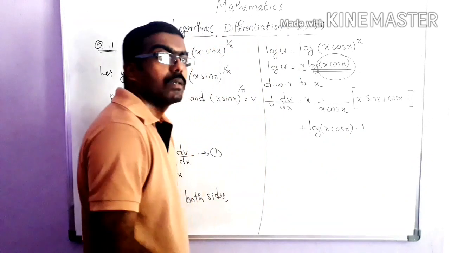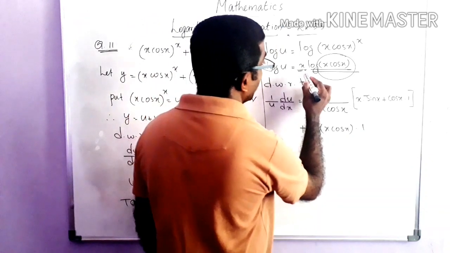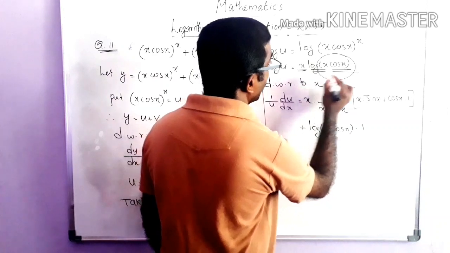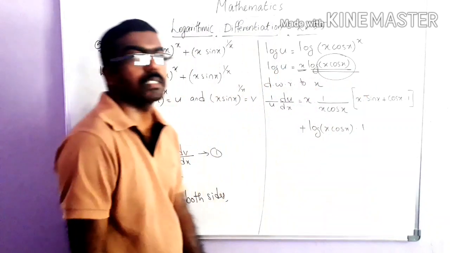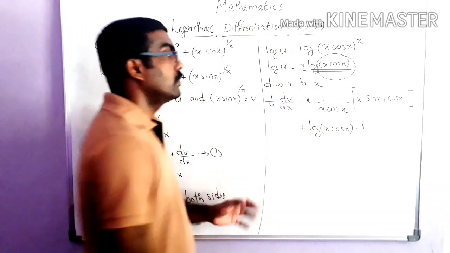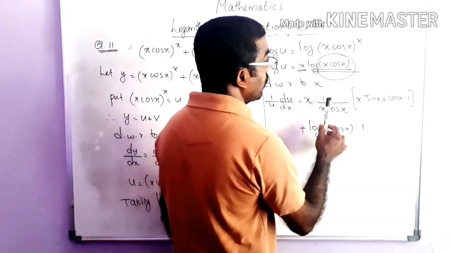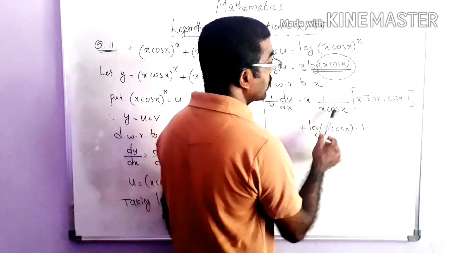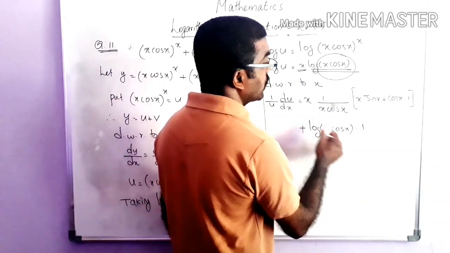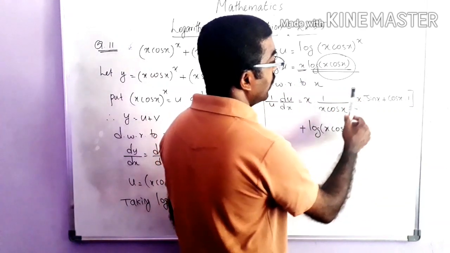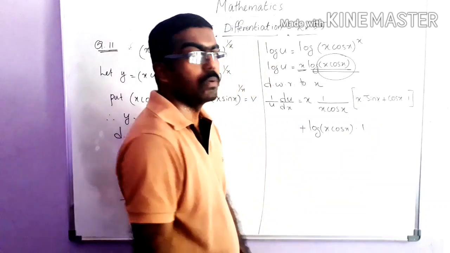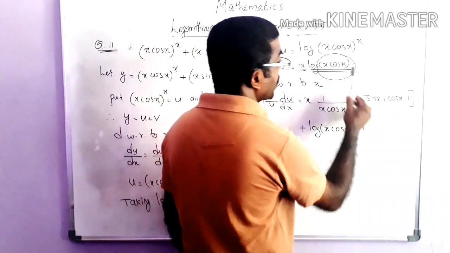I repeat, here first we take x as first function, log x cos x as the second function. Then we apply the product rule. So first function x into derivative of this one, log x derivative 1 by x, but instead of x the term is x cos x, so we write as it is 1 by x cos x. Then we apply the chain rule, that is derivative of x cos x.